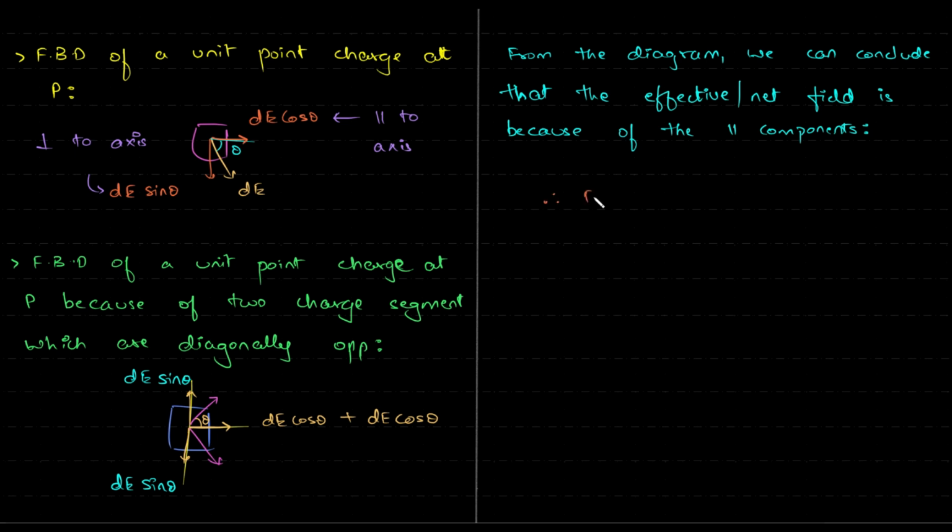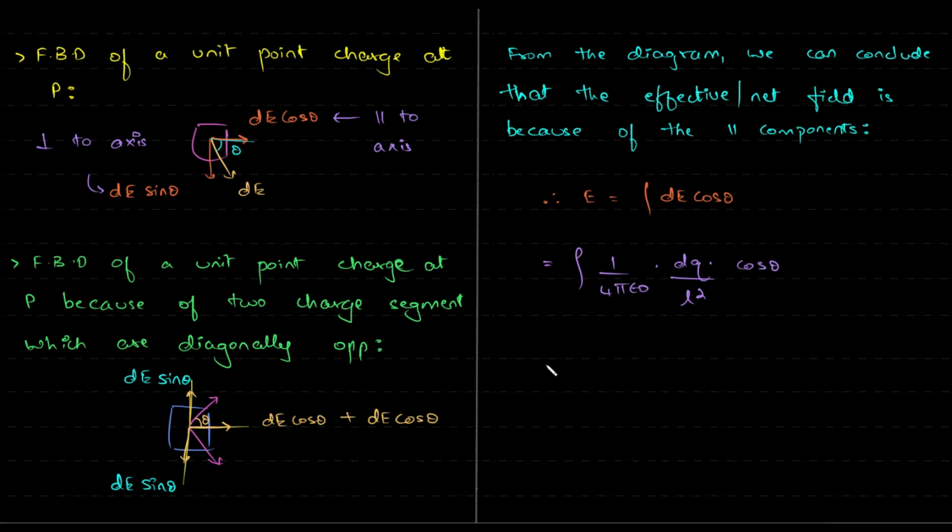So basically we have E equal to the integration of dE cos theta, right? And on opening up dE, we have 1 by 4 pi epsilon naught, and we have dq by L square cos theta.